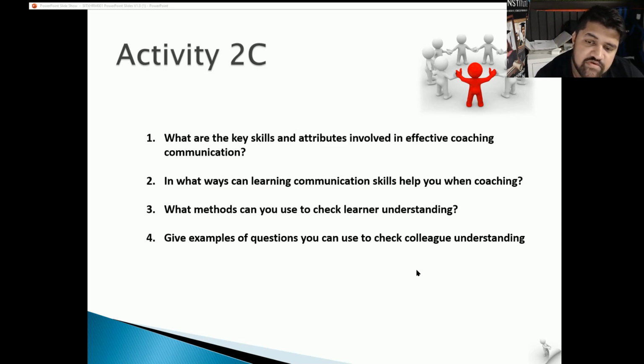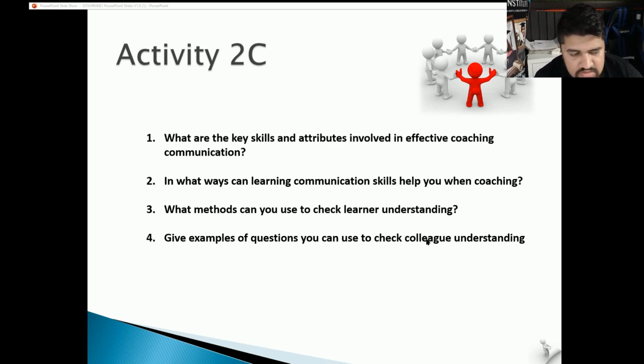Alright, number 4, give examples of questions you can use to check colleagues' understandings. Alright, so we could say, how do you feel so far? Do you have a good grasp of what we have gone through today? Could you explain to me what XYZ section meant to you?